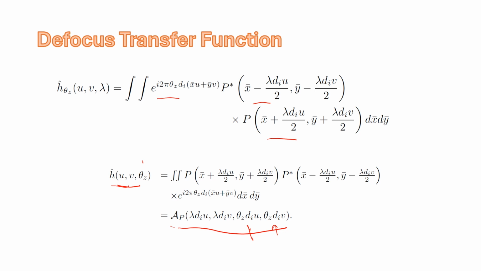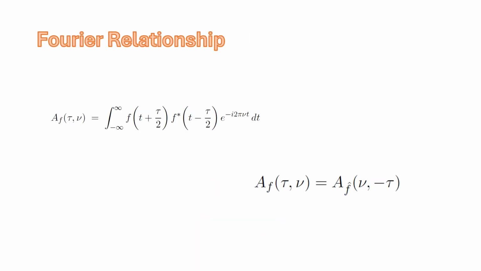And for that, we're going to rely on a special Fourier relationship of ambiguity functions. So this is a definition of the ambiguity function of the function f of t here. So the function in one dimension shifted with respect to itself, and then having this frequency term that we also integrate over. If we substituted for f its Fourier transform, we'd have f hat of u, and then e to the i 2 pi u t.